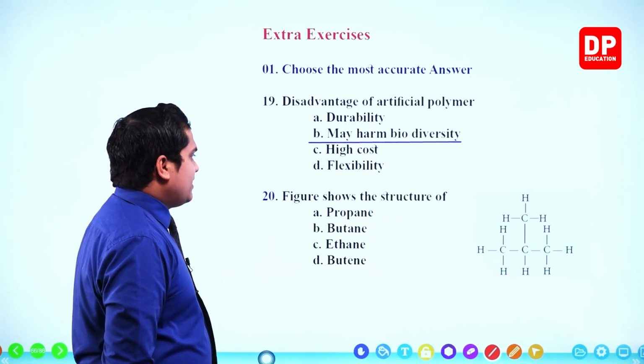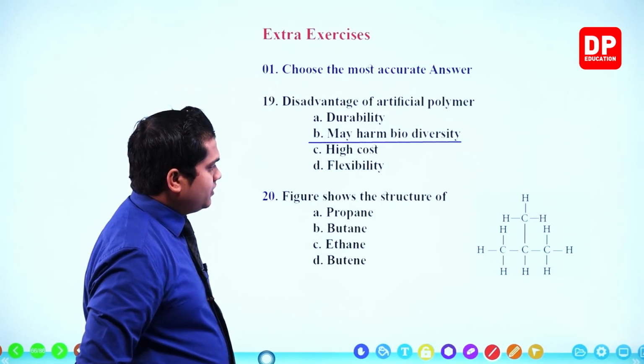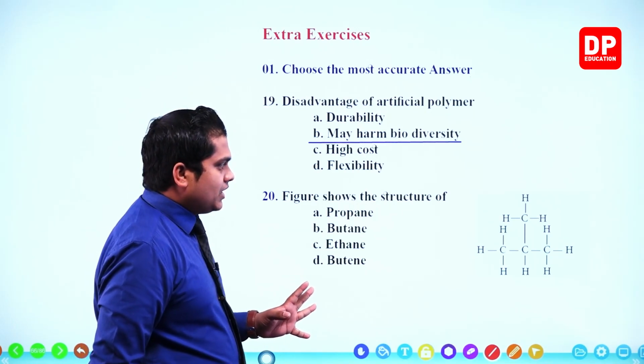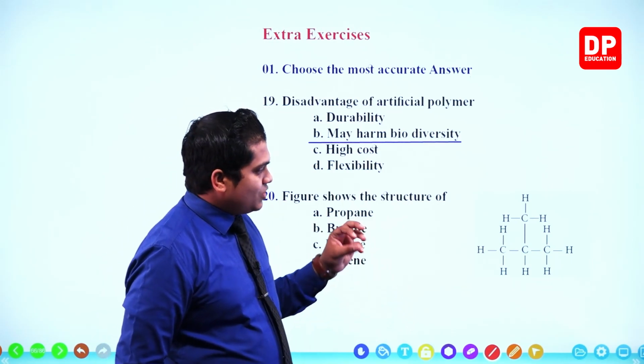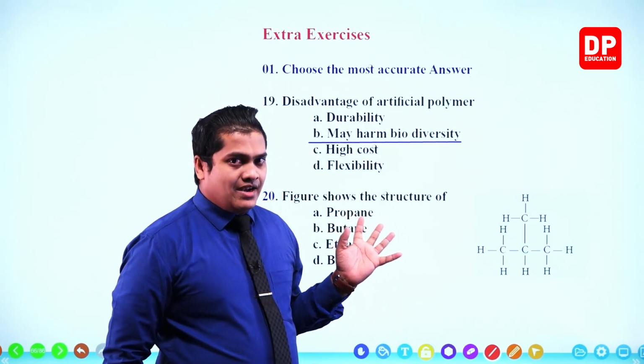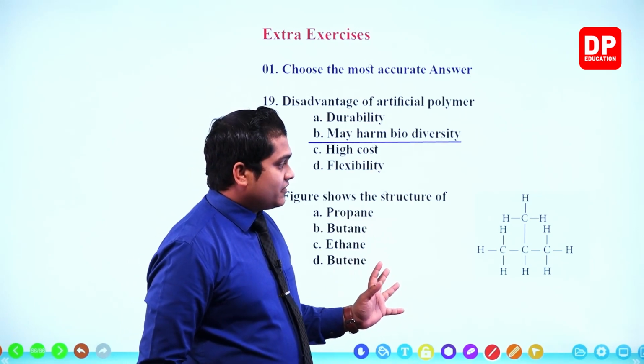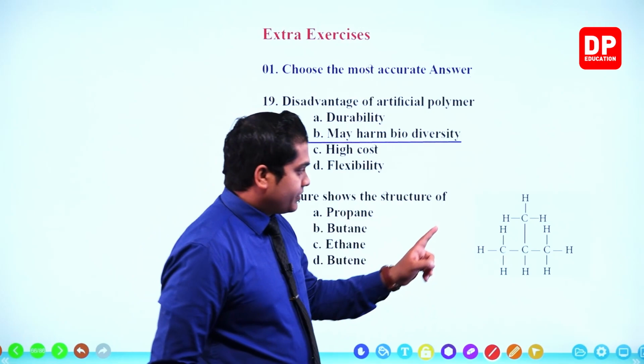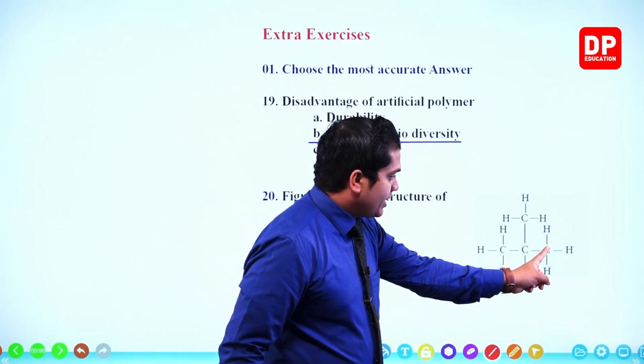Next one. Figure shows the structure of... So this is very easy to identify, my dear children. Don't just look at the structure and decide what kind of structure this is. Just count the number of carbon atoms. 1, 2, 3, 4.